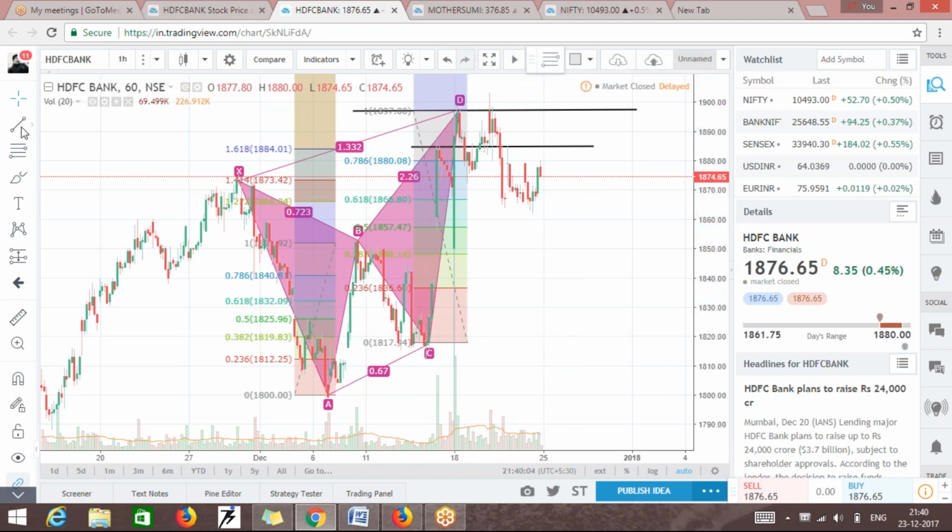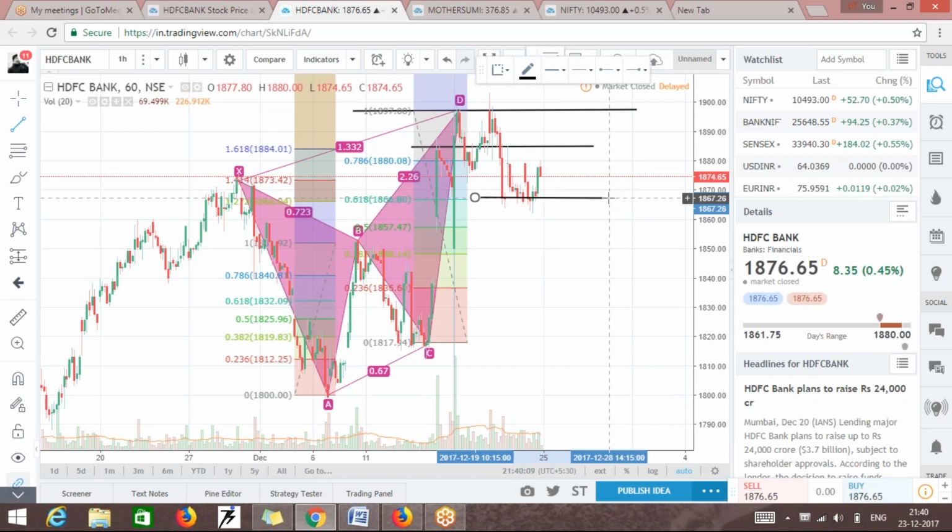This is the first target, but it could not be a proper trade for a trader, because if you are taking a trade as per the harmonic pattern, this could have hit your SL. But again, these are things we need to see, that yes, this is actually respecting a zone from where it is coming back.